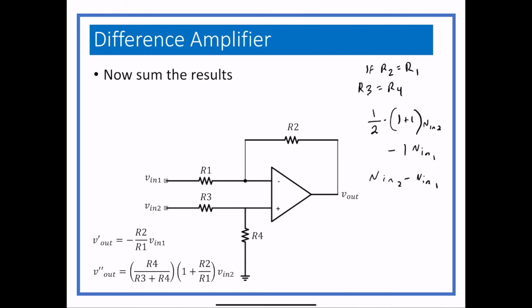So the things we've covered is just the inverting amp, for which you will see many, many more applications of that and many more circuits that are based on that next week. And then the unity gain amplifier, the non-inverting amplifier, the difference amplifier. All of these are basically just based on inverting and non-inverting configurations.